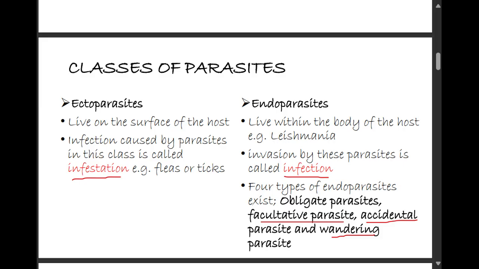So those are wandering parasites. They infect a host where they cannot live themselves nor develop further. For example, we have the parasite Toxocara in humans.